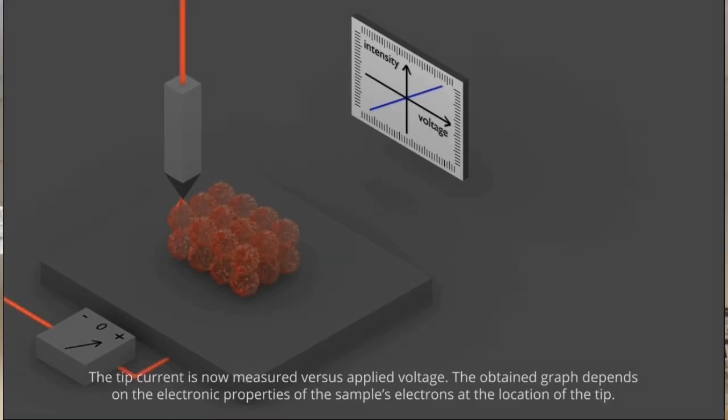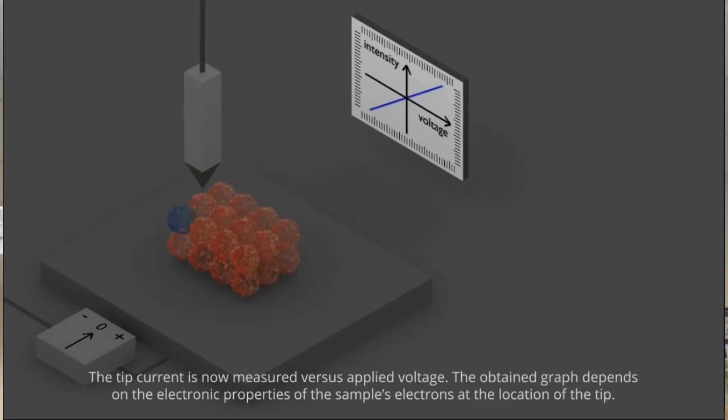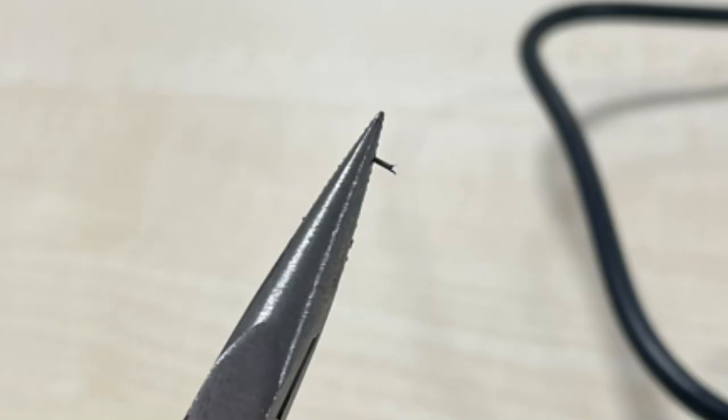At this point, because of the pressure on the electrons, some of the electrons tunnel from the sample to the tip, and that creates a really small current. It's about 1 nanoampere. By measuring and evaluating the results of the current, we get really detailed images at the atomic level of the samples.